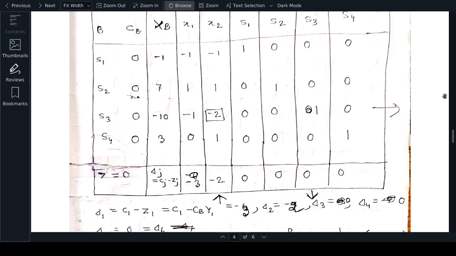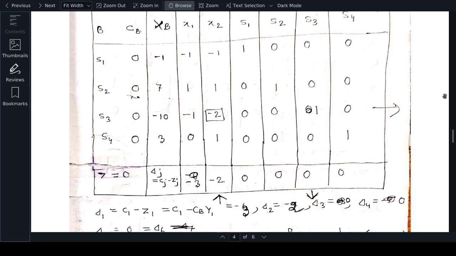Next CB. CB means the coefficient of these variables: s1 coefficient is 0 in the objective function, s2 coefficient is 0, s3 is 0, s4 is 0. And xb is the current basic solution.